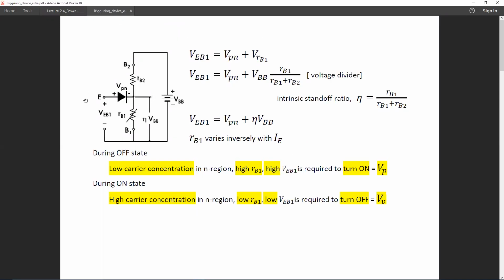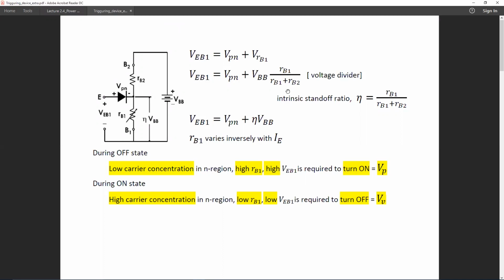So if we derive, that voltage should be equal to VPN plus the voltage across RB1, and again this VRB1 can be characterized by this voltage divider equation.